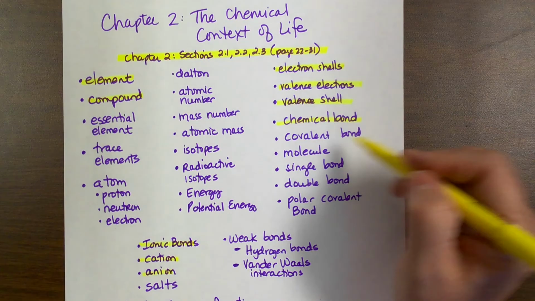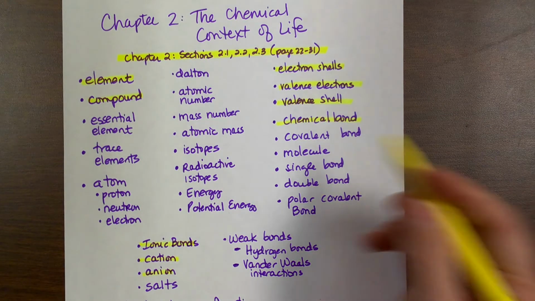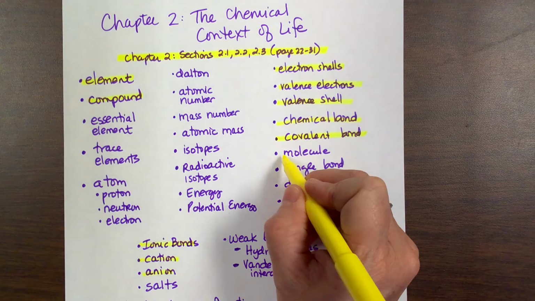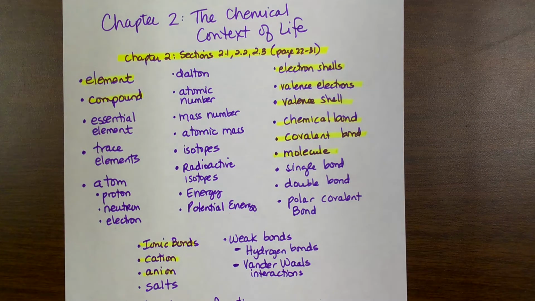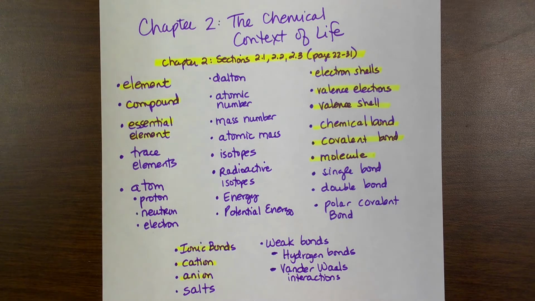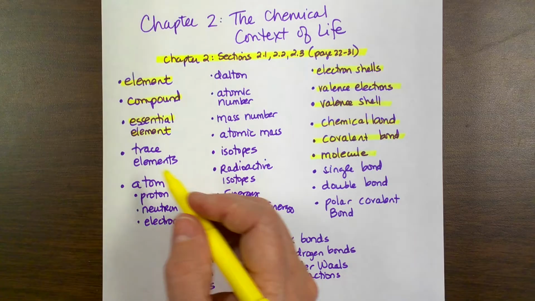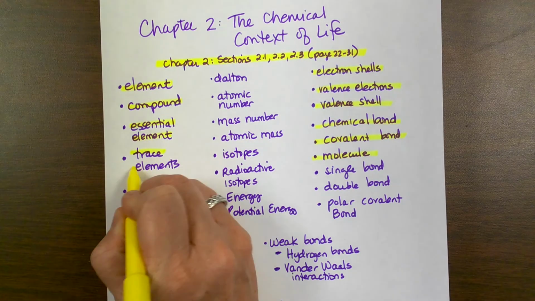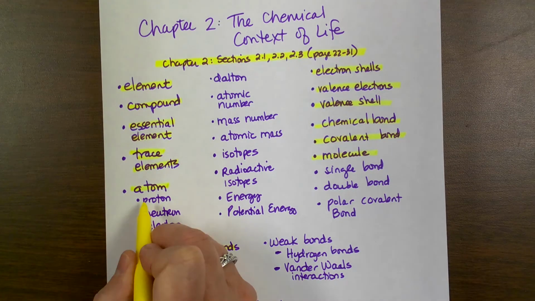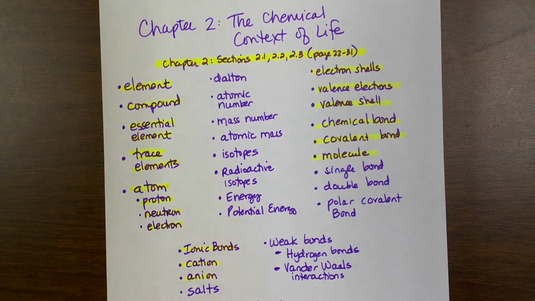Electron shells are just the pathways that the electrons travel on. We've talked about covalent bonds, about how they share electrons. When they form bonds, they create molecules. So atoms join together to form molecules. We've talked about your essential elements that you have to have. It's the 4 main ones, and then the 7 extra ones, and then all your trace elements. We've discussed the trace elements, and we've highlighted those on your periodic table. We've drawn an atom, and we've looked at protons, neutrons, and electrons.